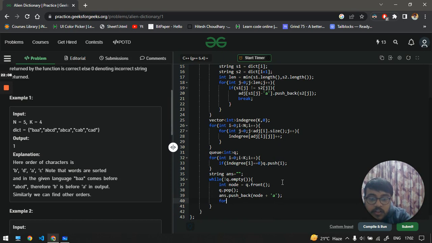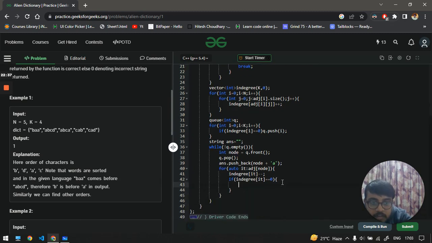Now I'll move to the adjacent nodes of my vertex, first decrease the in degree of the adjacent node by 1, and then check if its in degree equals 0.